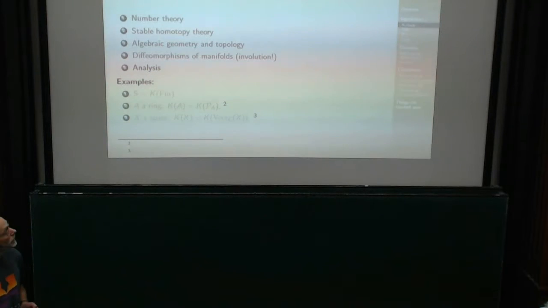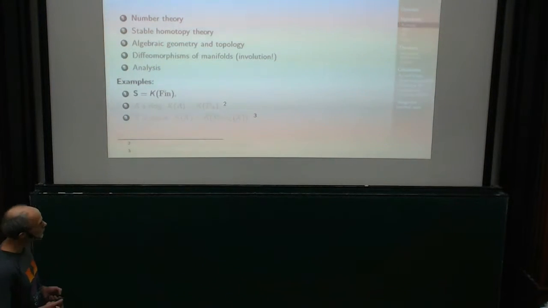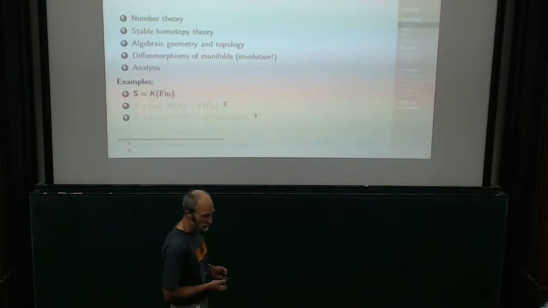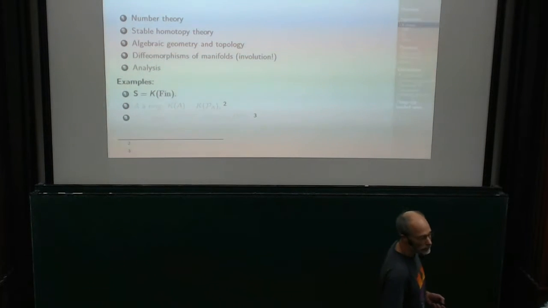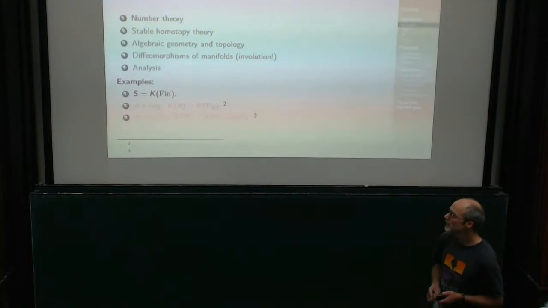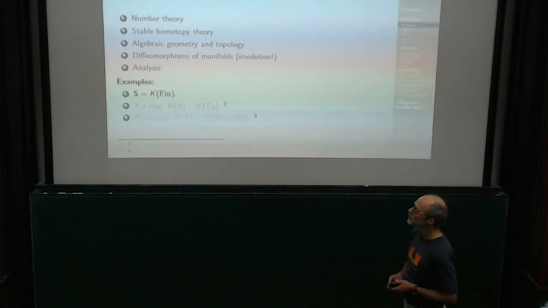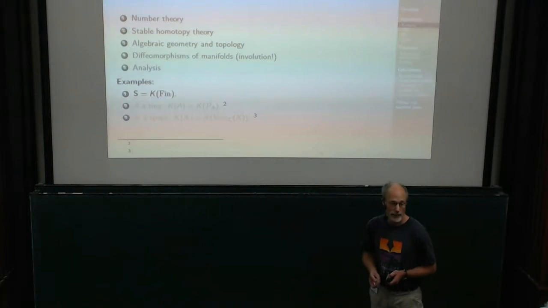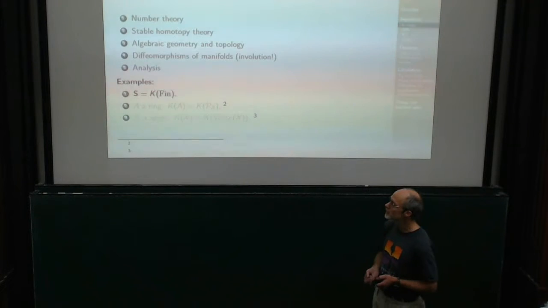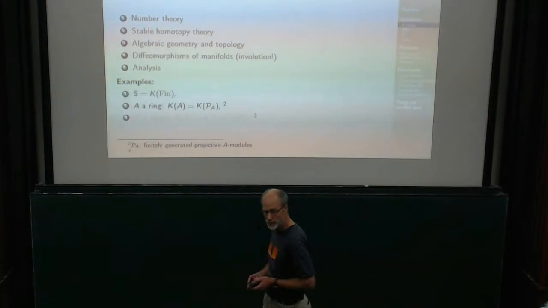C-star algebras, analysis. Let's do some examples. The sphere spectrum itself is the K-theory of the category of finite sets. So finite sets and disjoint union is a thing that you can take the K-theory of, and out comes the sphere spectrum. I said this was going to be embarrassing.